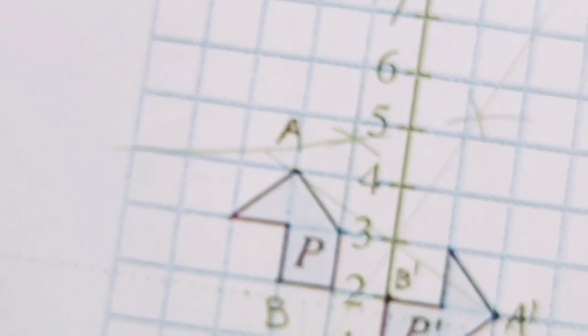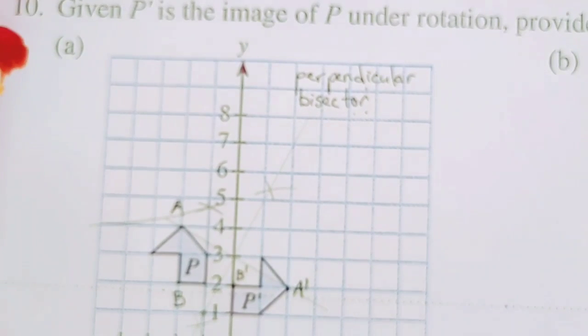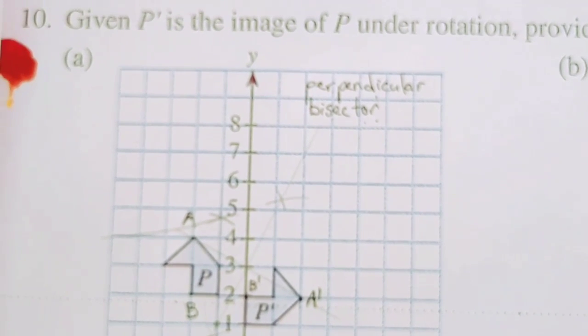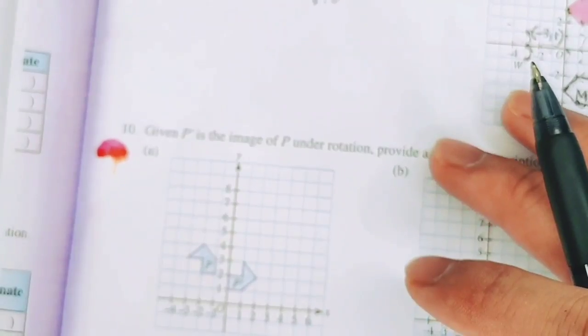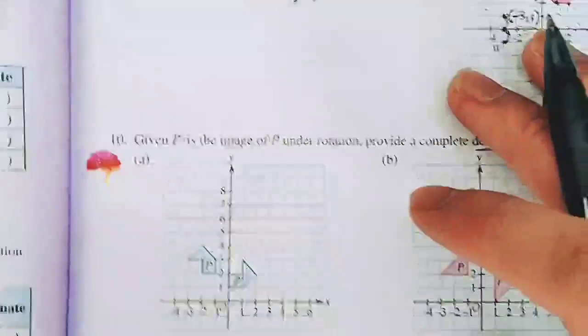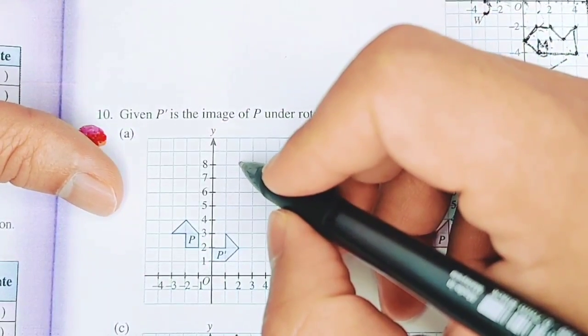So back to the question. How do we make a description? This is how we make a description.